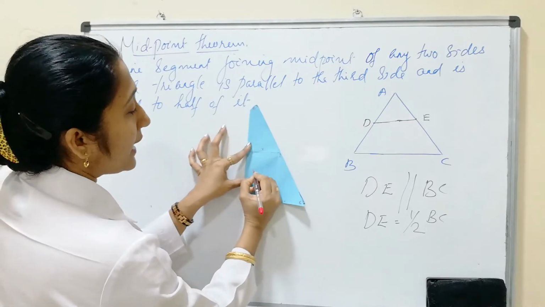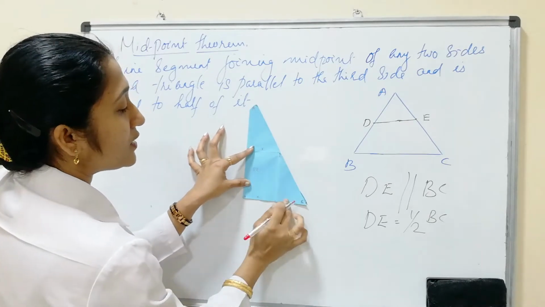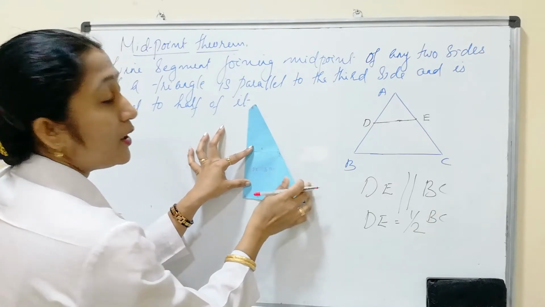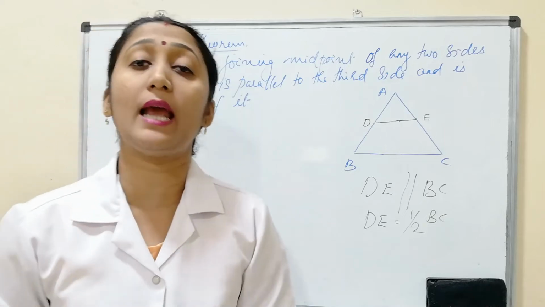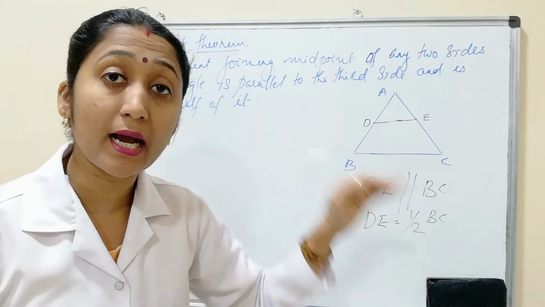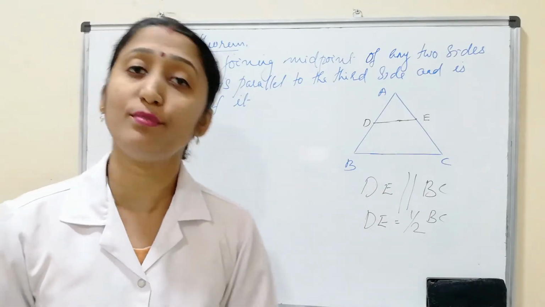So DE is half of BC. We want to prove that DE is parallel to BC and also DE equals half of BC.